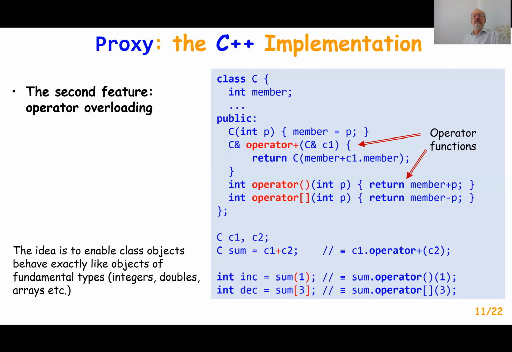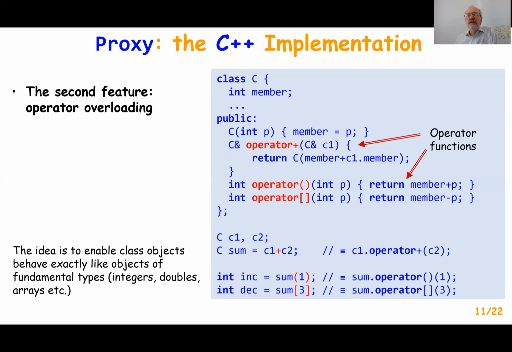If we have two objects of a class type, for example, C1 and C2, in general we cannot write C1 plus C2, just because the plus operator is not predefined for class instances. This is the point. And the C++ language supports a very powerful and interesting feature. It is possible to add some operators to classes. Look at the example on the slide.